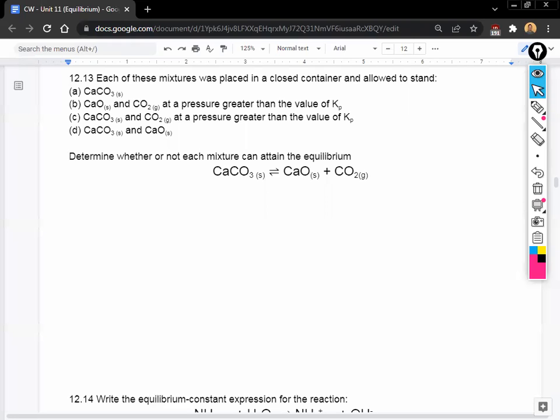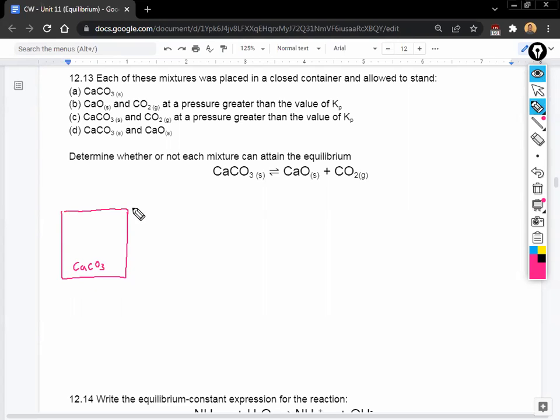Okay, so let's start with A. I was gonna ask who said yes and who said no, but I feel like the further down we get, the less people would participate. So I'm just gonna go over it, okay? So for A, we have a container, and then we just have solid CaCO3.